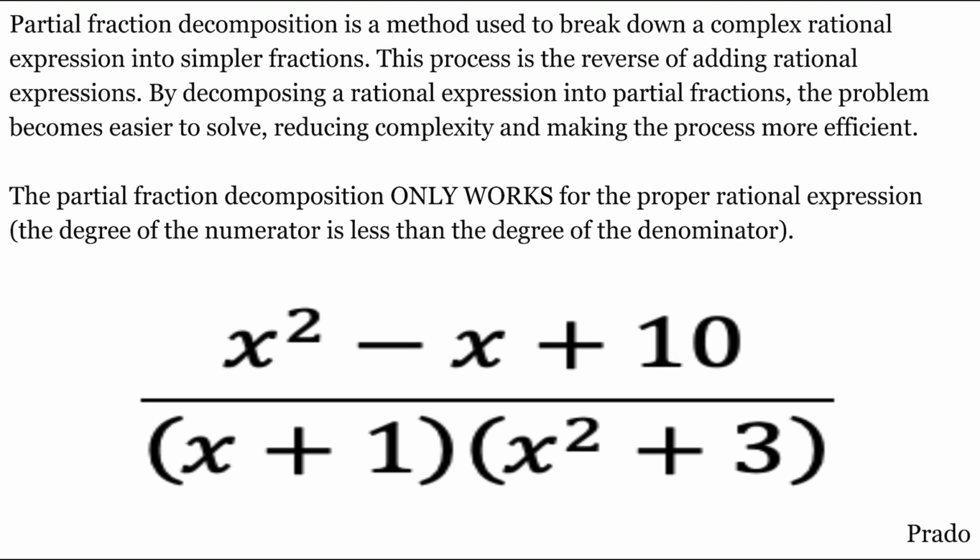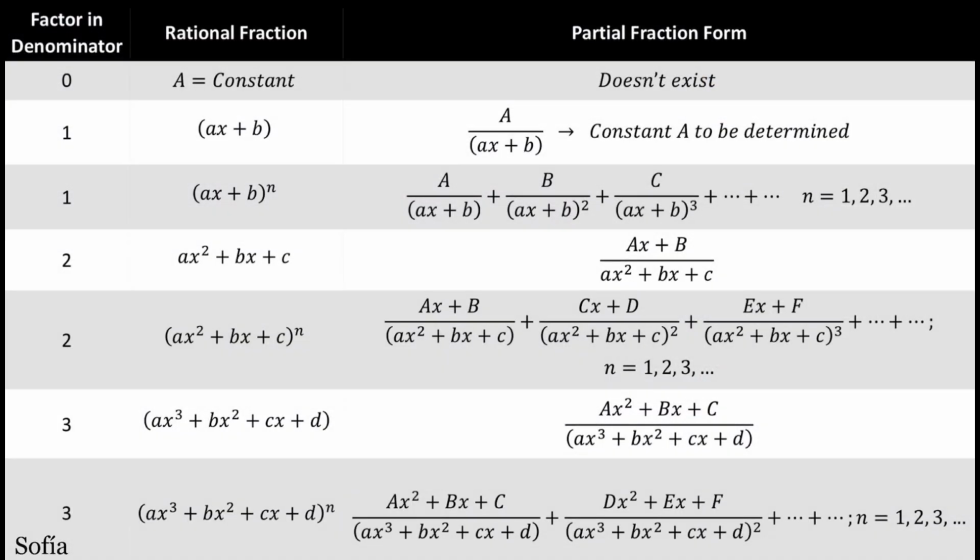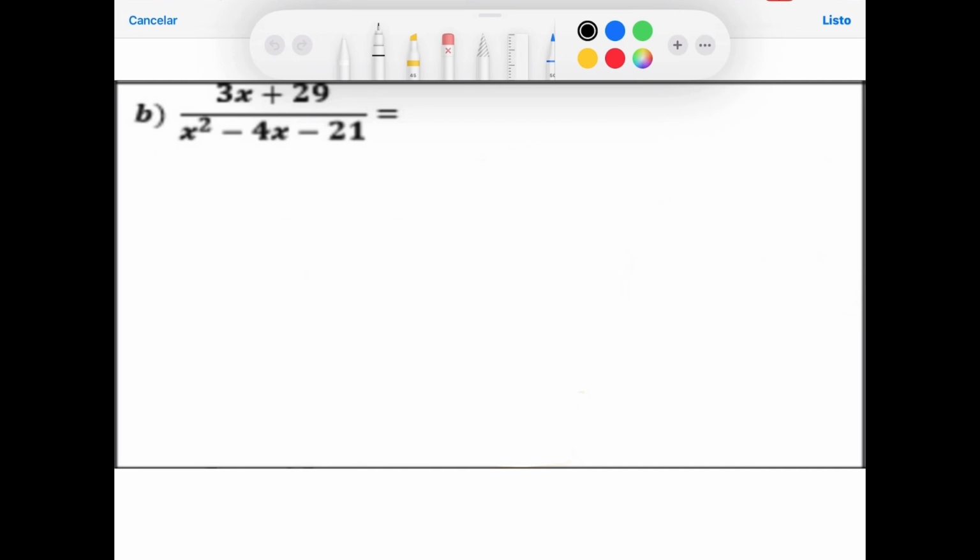The partial fraction decomposition only works for a proper rational expression, where the degree of the numerator is less than the degree of the denominator. And here you have an example. These are some of the formulas for decomposing partial fractions, but for the example that I will provide you, we will just use one.